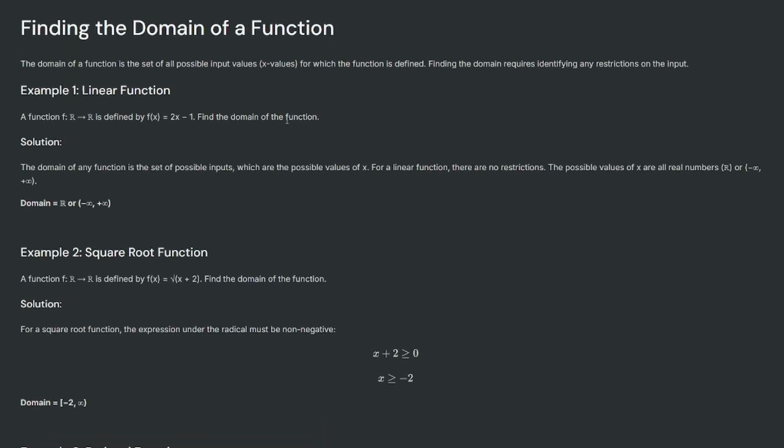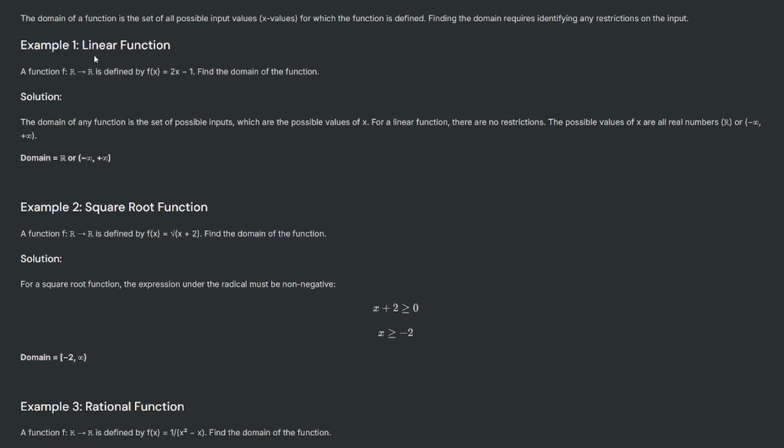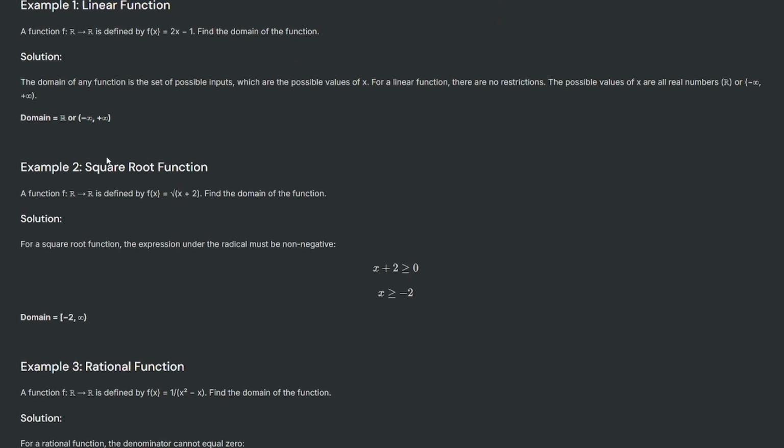Okay, let's talk about the domain of a function. We already know domain basically means the input values we give to the function. For any linear function, the domain is always from negative infinity to positive infinity.